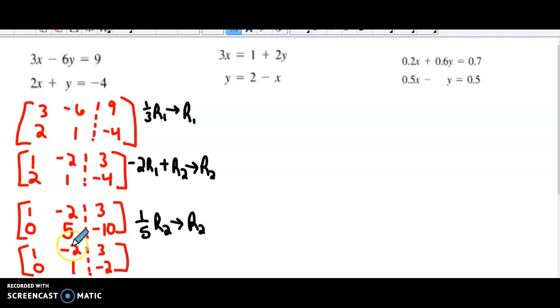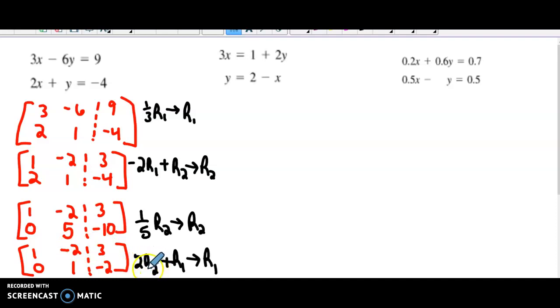My last job is to turn this into a 0. So I'm going to do a similar thing that we did up here, but this time I'm going to multiply by row 2. I'm going to take 2 times row 2, and then add that to row 1, and that's going to be my new row 1, because if I take 2 times 1, that's 2, plus -2 is 0.